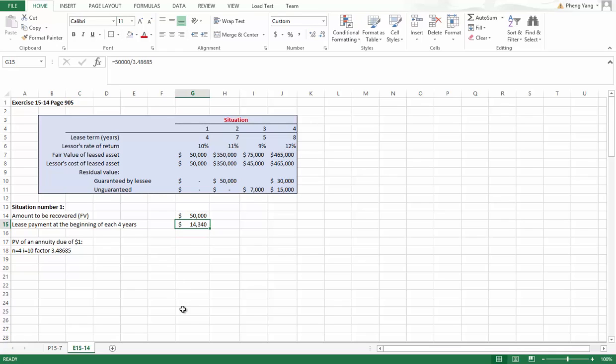It's divided. I'm sorry about that. Basically, we take the lease payments at the beginning of each of the next 4 years: 50,000 divided by our present value of an annuity factor of 3.48685, and we should get 14,340. So that is our lease payment at the beginning of each of the 4 years. That is the answer for determining the annual lease payments.